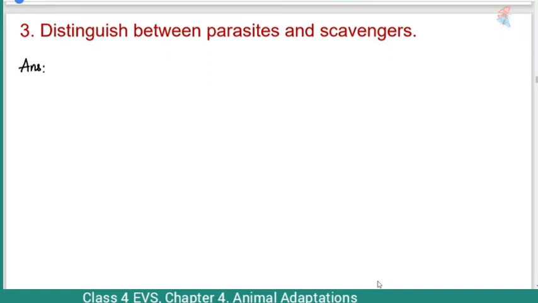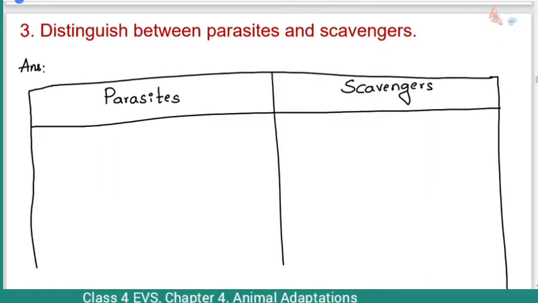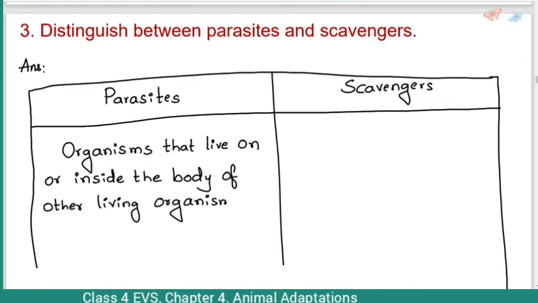Answer: parasites are organisms that live on or inside the body of other living organisms and depend on them for food.